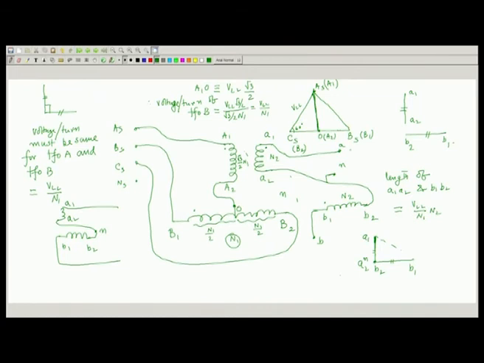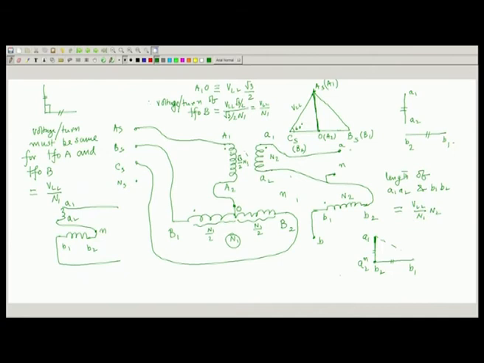So, this is transformer B having N1 turns, and I will also demand a 50% tapping available from the primary of transformer B, and then I will connect it like this to a balanced three phase system. The number of turns of primary of transformer A is not N1 as that of B, but must be root 3 by 2 into N1, okay, and the secondaries are connected like this. Is that clear? So, that is the thing.